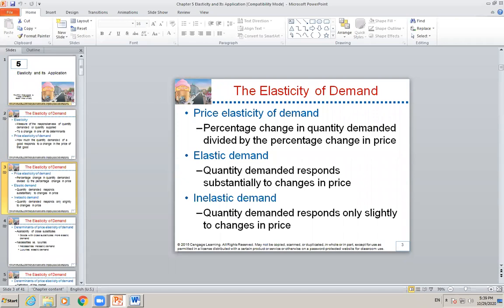Elastic demand is when the quantity demanded responds substantially to changes in price. And inelastic demand is when the quantity demanded responds only slightly to changes in price. So when it's inelastic, the change in quantity is small. When it's elastic, the change in quantity is big if the price changes.